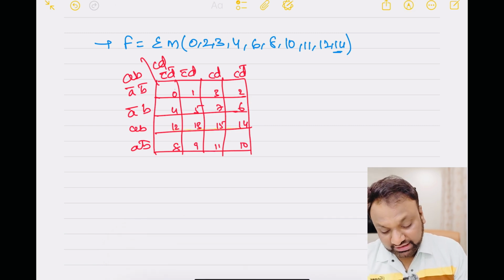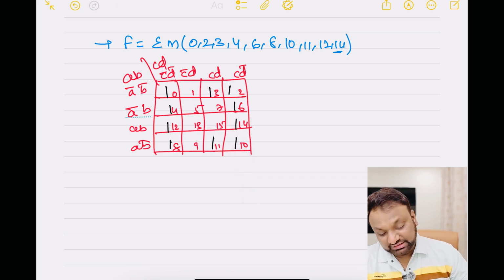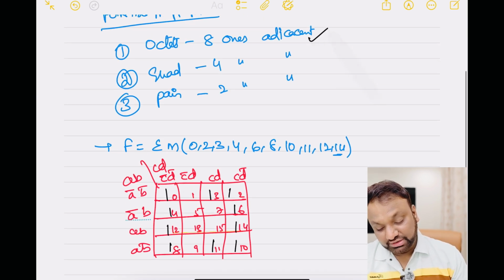So let me plot the ones, then we'll go for the mapping. I have a 1 at 0, 2, 3, 4, 6, 8, 10, 11, 12 and 14. Now we will see what mappings are possible. First of all, my preference should be for an octet.